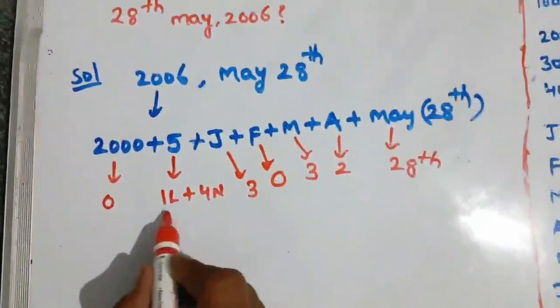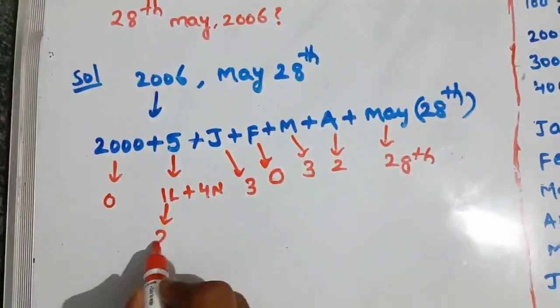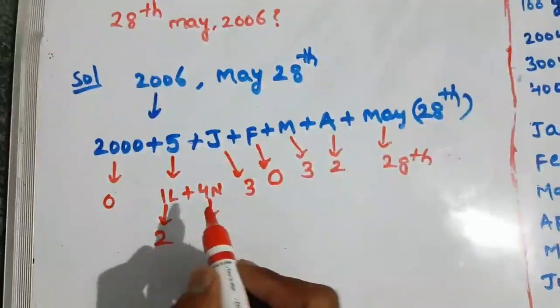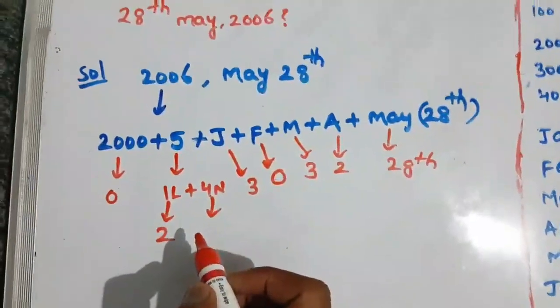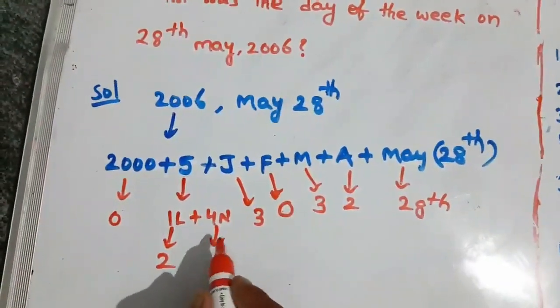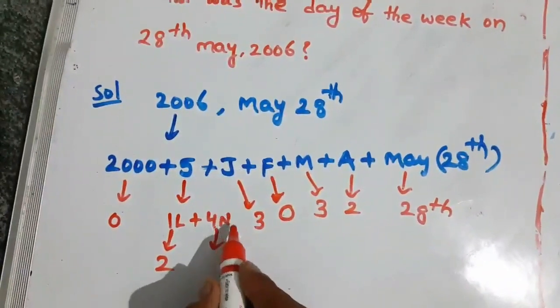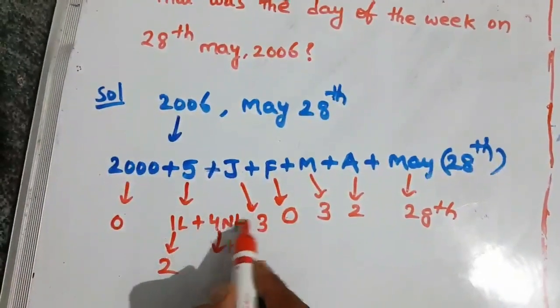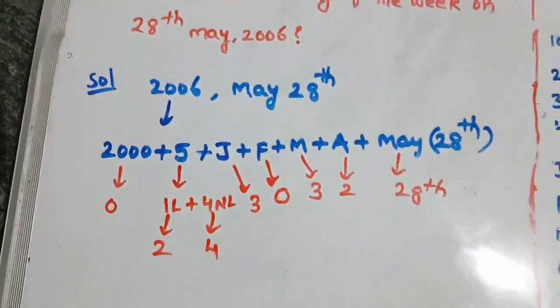Okay. Now 1 leap year means 2 odd days, as we already found. 4 normal years, that is non-leap years, each having 1 odd day, means 4 odd days.